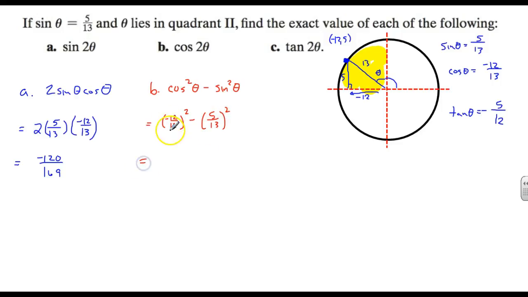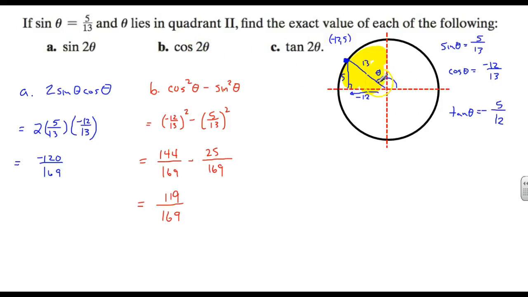Okay, 12/13 squared is 144/169, and 5/13 squared is 25/169. Alright, and then 144 minus 25 is 119/169, and it's positive. Alright, that's the cosine of 2 theta.